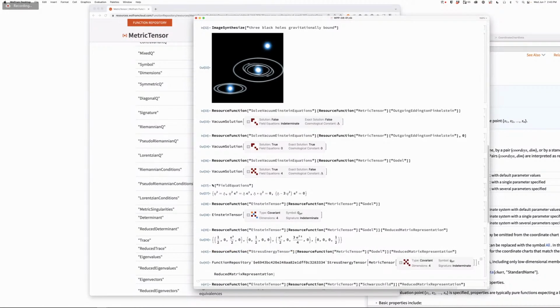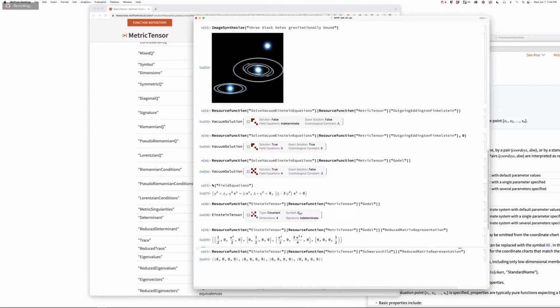Okay, that's not going to work. First of all, the first argument, you need to give it an actual stress energy distribution. For the Gödel case, you probably want it to be dust or something. This is too complicated. I think I get the point, but let's not get pulled into this hole here.